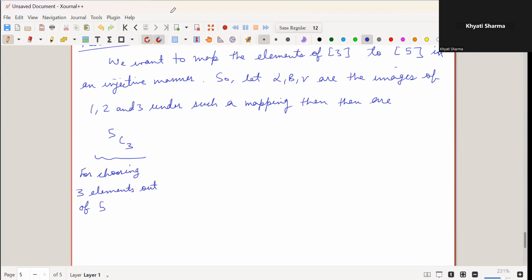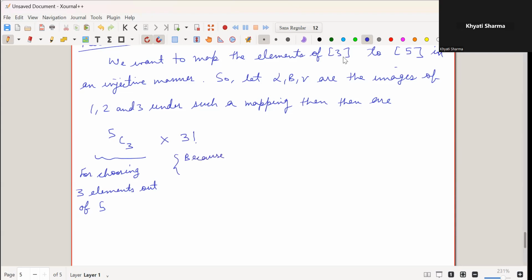You can make it a selection problem, and you need 3 elements from the set 1, 2, 3, 4, 5, which are the images of the elements 1, 2, and 3. So you have 5C3 possibilities, and also 3 factorial.